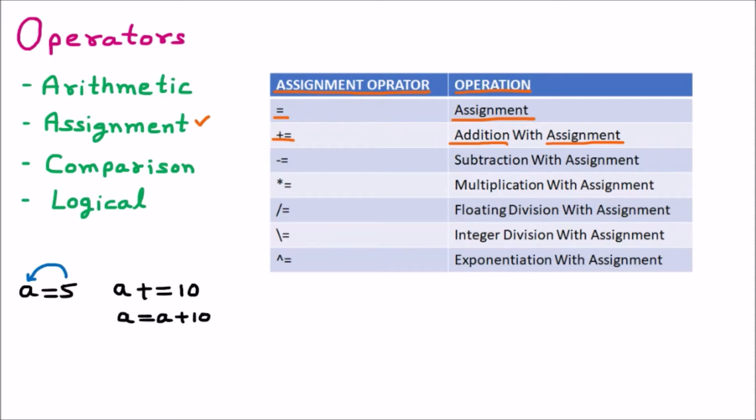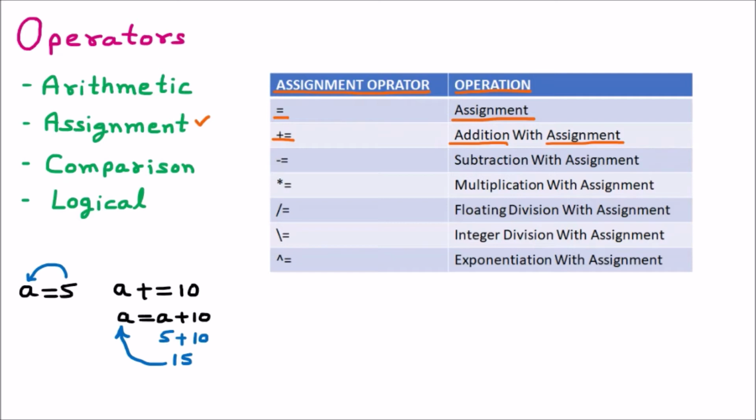So plus equal to means the previous value of a plus the new value. The previous value of a was 5, and 5 plus 10 is nothing but 15. So this 15 is assigned to a. That's why it is called the assignment operator.